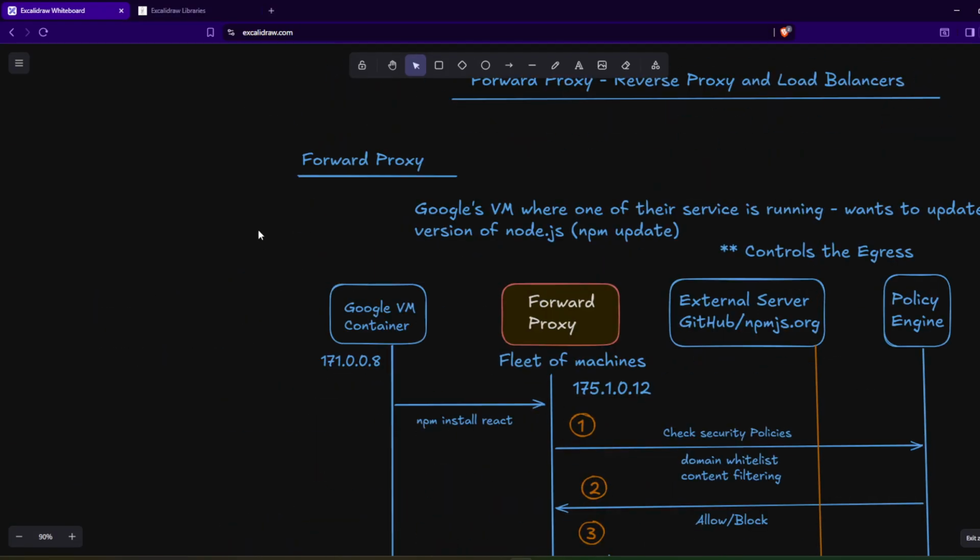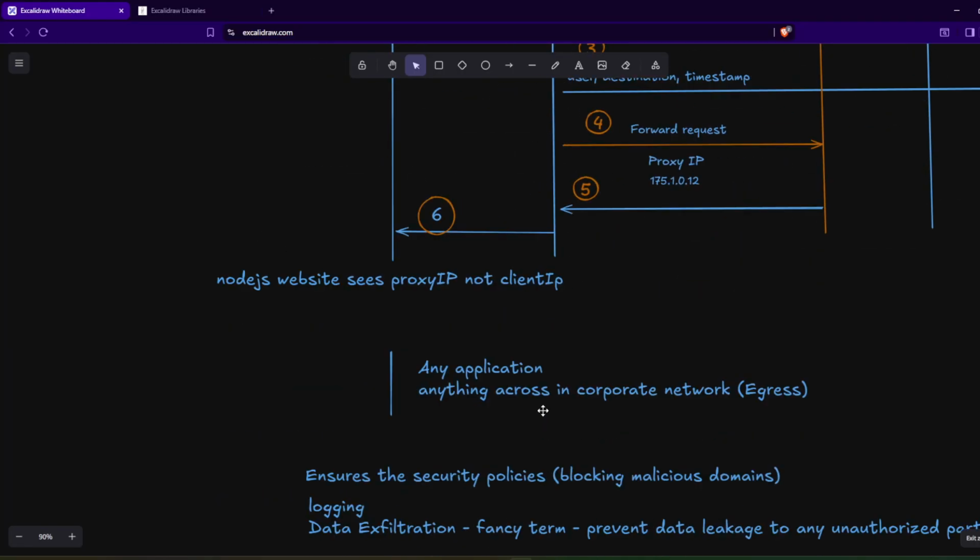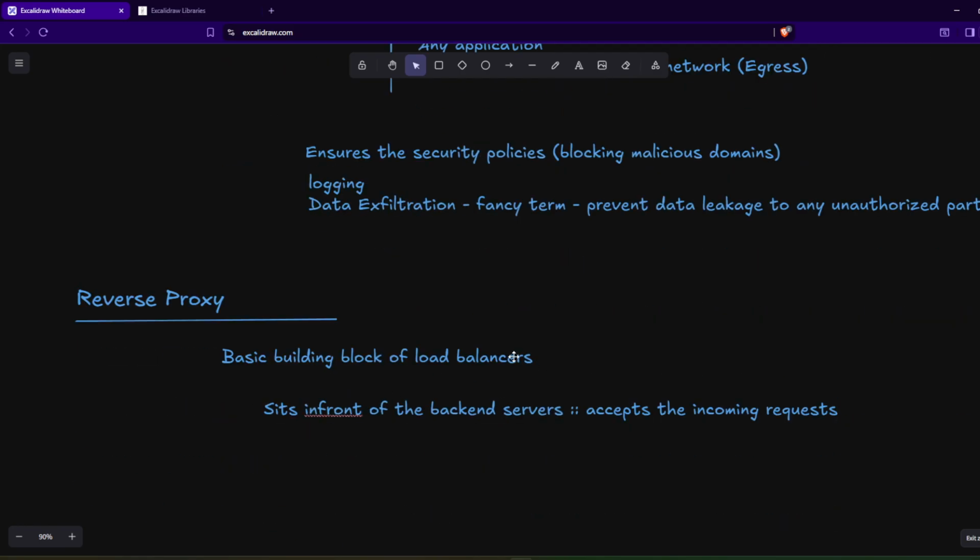If I just compare with this here, it is controlling the egress, or the outgress, but over here you see it is controlling the ingress. When I say incoming request, we are talking about the ingress.